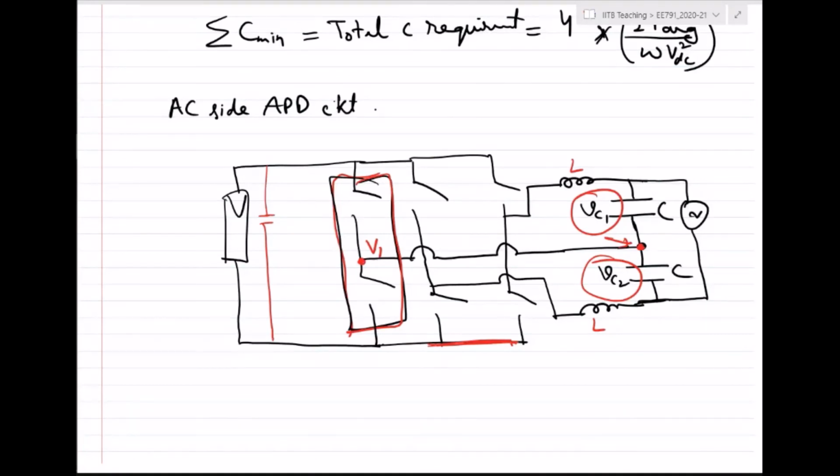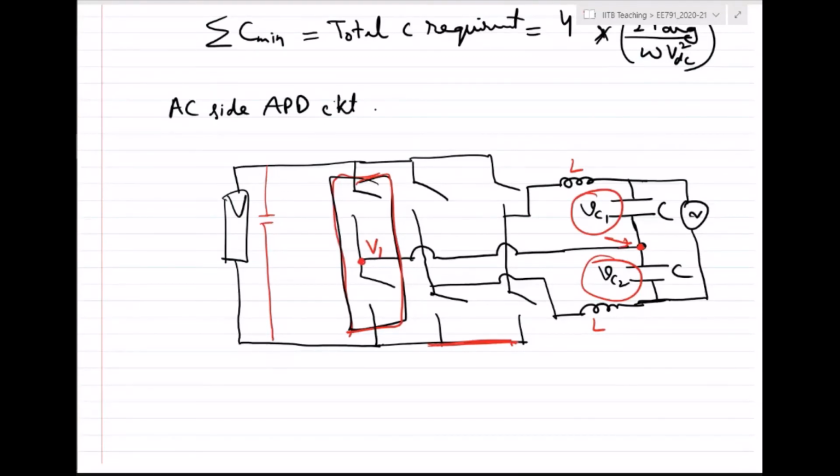And you can write the equations. It would be a little bit more tricky now because the total voltage VC1 plus VC2 is no longer a constant. It itself is equal to the grid voltage. So it may become trickier to solve, but you can still do the same. Try to find the minimum value of C required in this circuit. Try to find the reference voltage for VC1 and VC2.